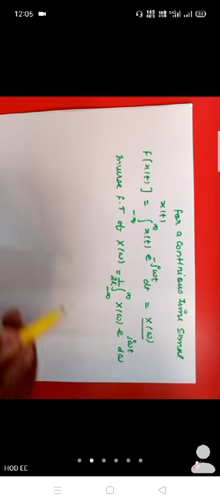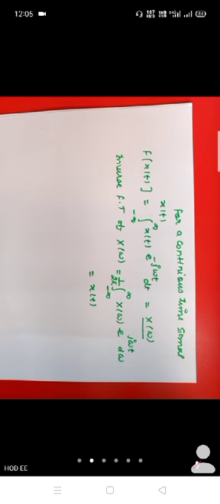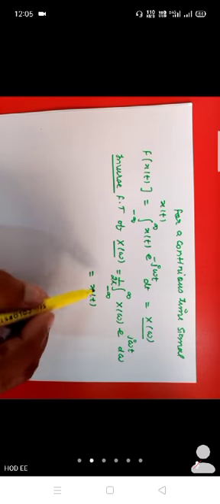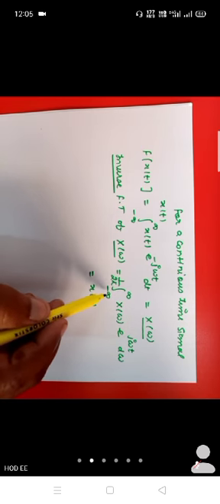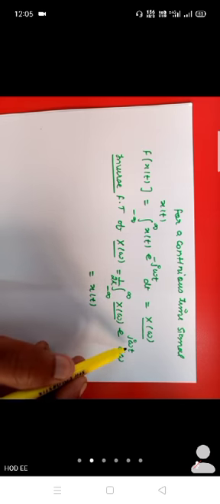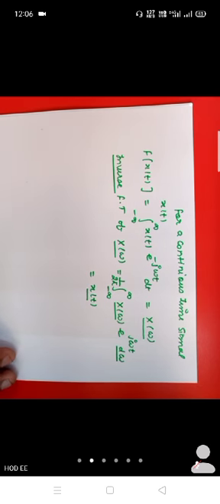So by using the Fourier transform and inverse Fourier transform, we can change a signal from time domain to frequency domain as well as from frequency domain to time domain.